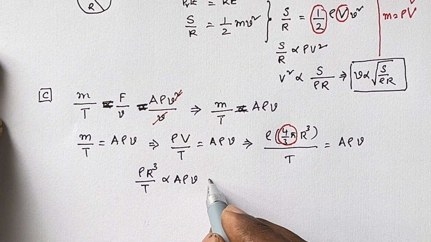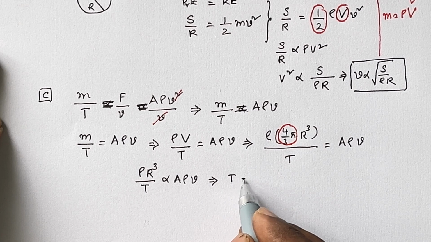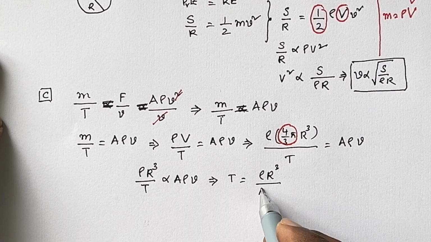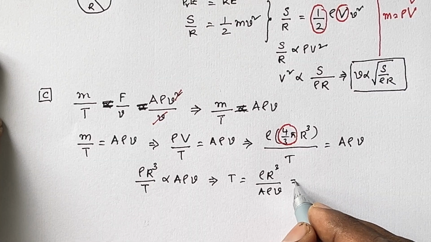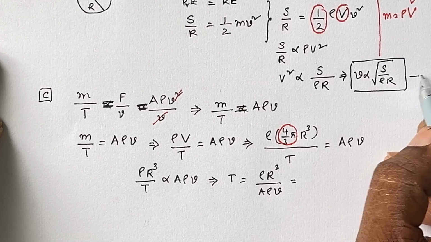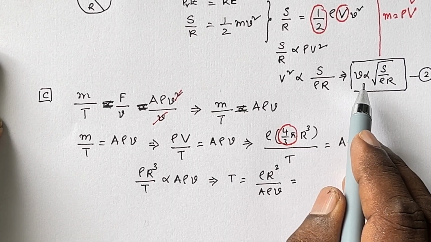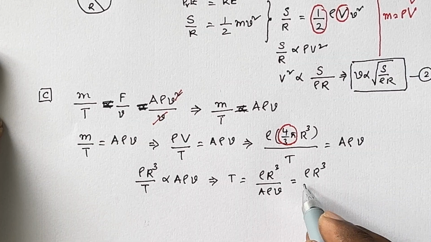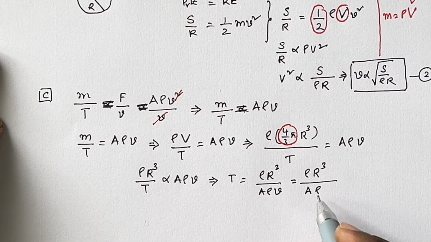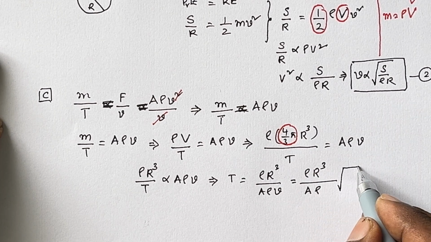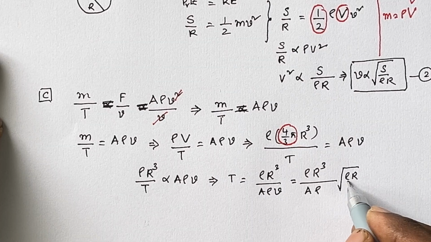Now I want T only. Capital T is equal to rho r cube by A rho V. But the V value I know, from the equation we derived earlier. This V value I substitute here: rho r cube by A rho, and in place of V I will write root of rho r by S. Why?